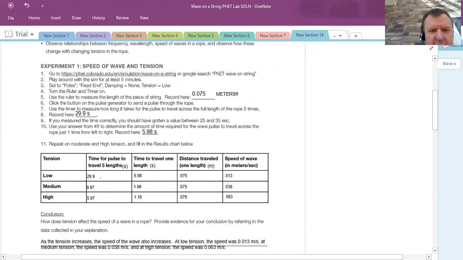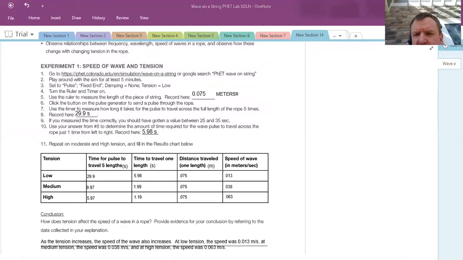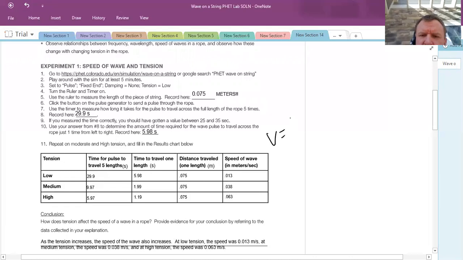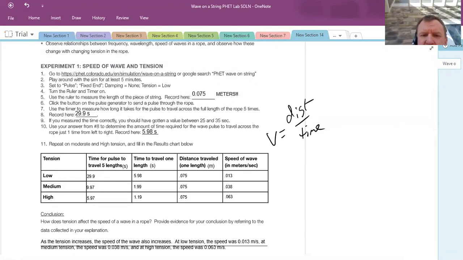So then this low tension row is basically what you just did, because you had it set on low tension, no damping, fixed end pulse. So you filled that in there. The speed of the wave, okay, speed is distance over time.